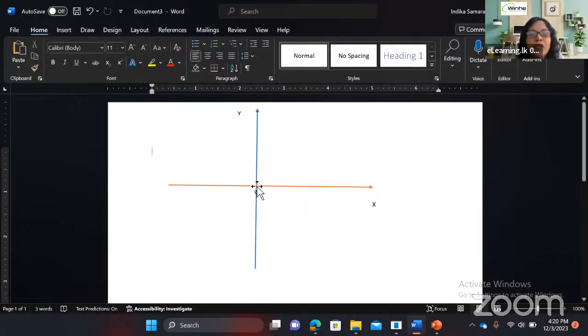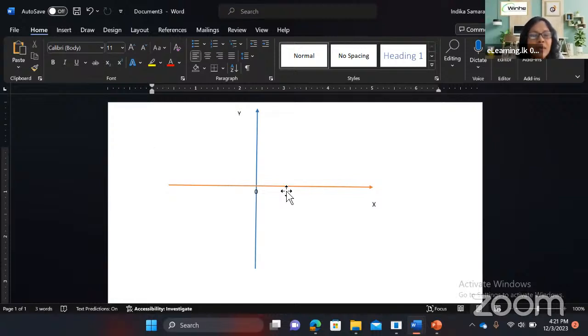Starting from 0, you can represent the positive values on the right hand side, as you remember from the number line: positive values are on the right hand side and the negative values are on the left hand side. If you consider the x-axis, positive values are represented on the right hand side, negative values on the left hand side.